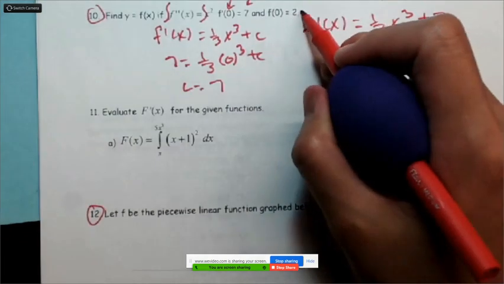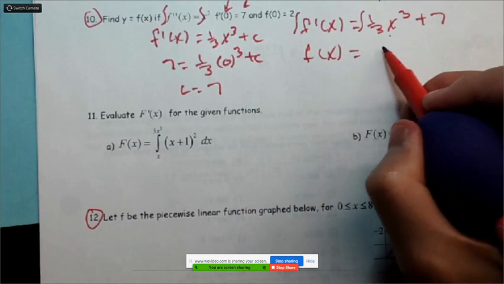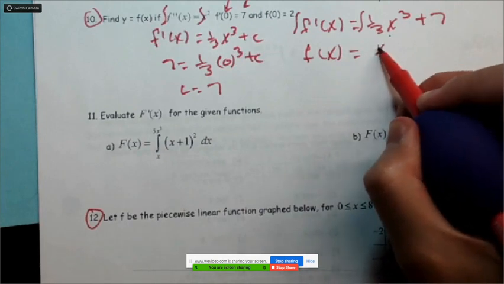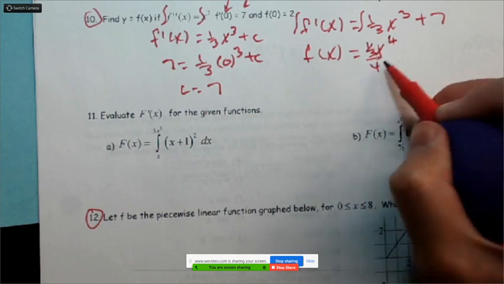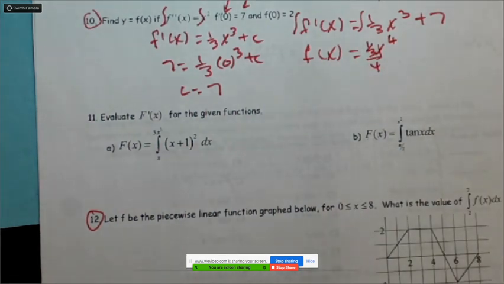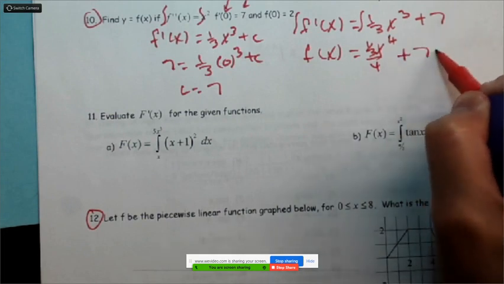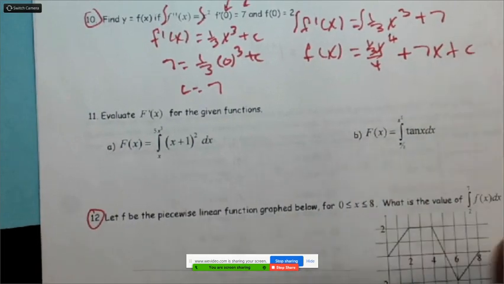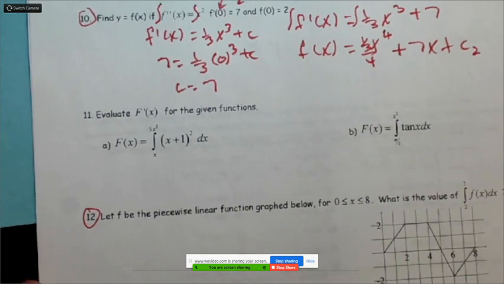So let's anti-derive again. So I have the function of x is equal to, we're looking at x to the power 4, right? 1/3 to the 4th, as in over 4. And then we have plus 7x plus c. And I'm going to call this one c2, because not all the c's are the same.